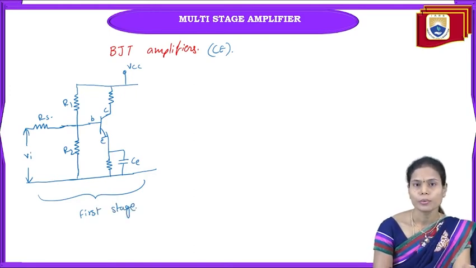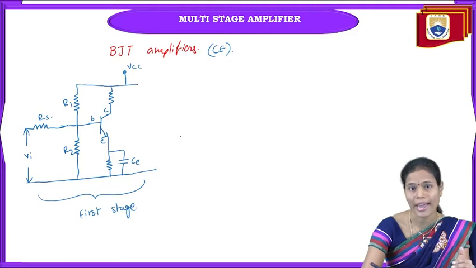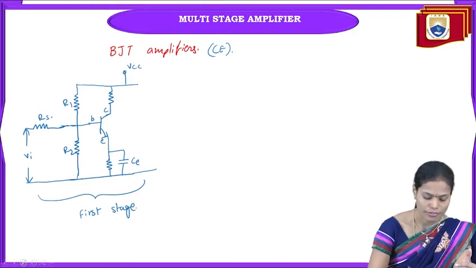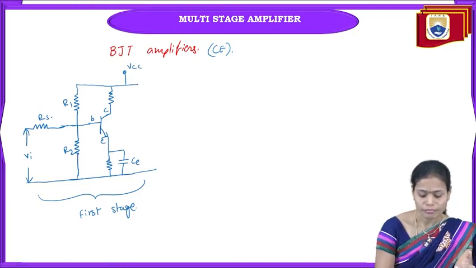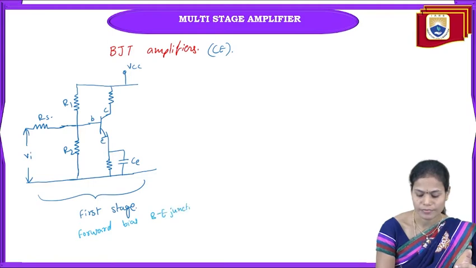In order to make any transistor an amplifier, our requirement here is that the amplifier should operate in the active region. The transistor operates in the active region when we apply forward bias to the base emitter junction of the transistor and reverse bias to the collector to base junction.